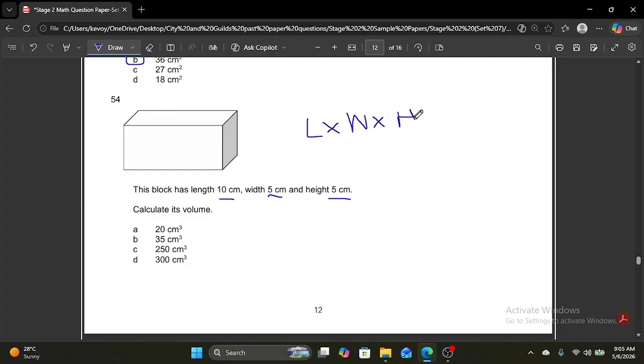If you look at the information right there, or look at the question, we're given everything. So what we'll do is just multiply everything together. 10 times 5 is 50. 50 times 5 would be 250 centimeters cubed. So that's our answer right there.